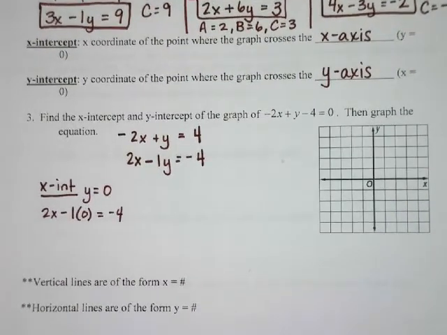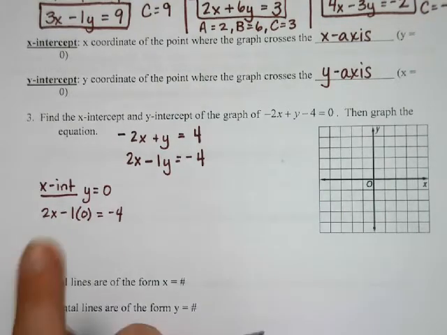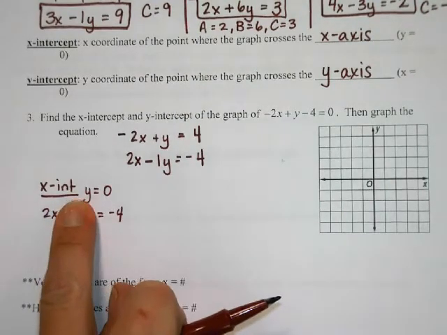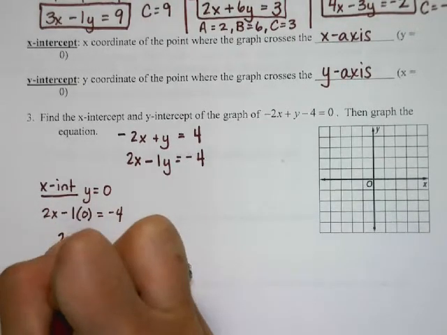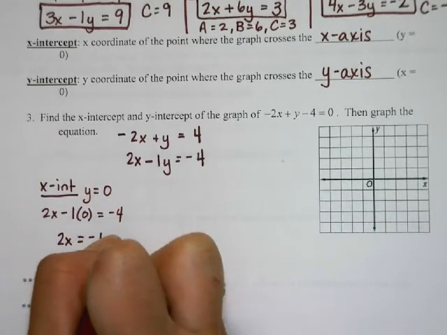When I multiply by 0, it stays 0, right? That goes away completely. And this is why I call it the cover-up method, because I'm covering it up with my finger, for lack of a better word. So I'm left with 2x is equal to -4.